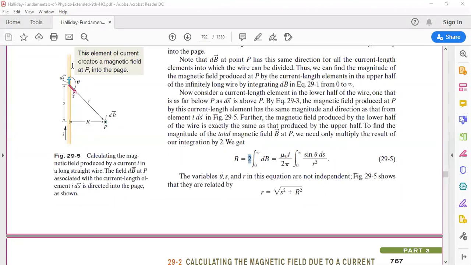If you are standing here, both points, this one and the one on the other side, are at equal distance from you. So that is why we have taken this 2 instead of simple 0 to infinity dB.